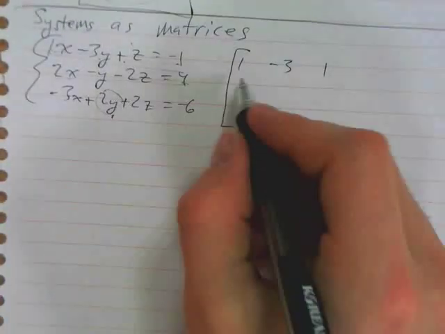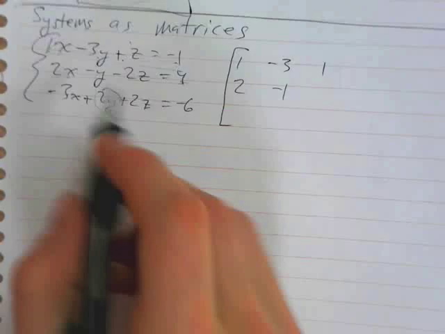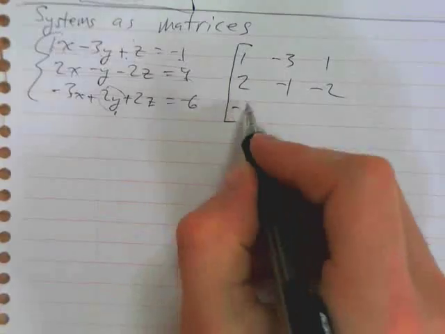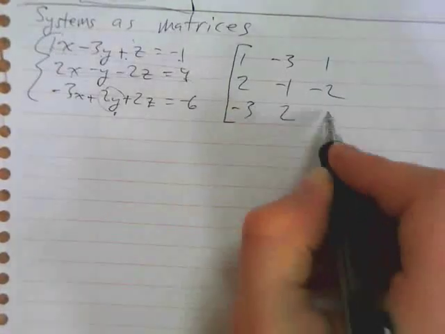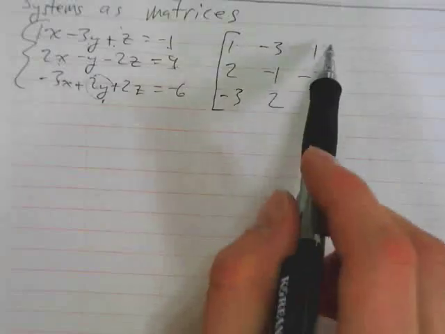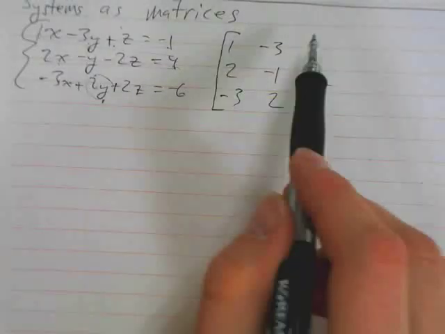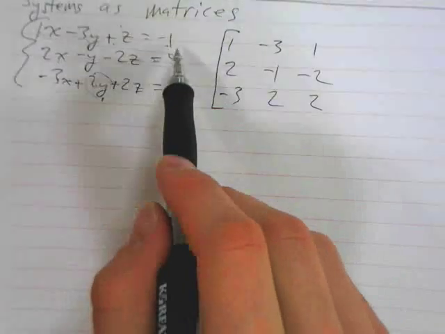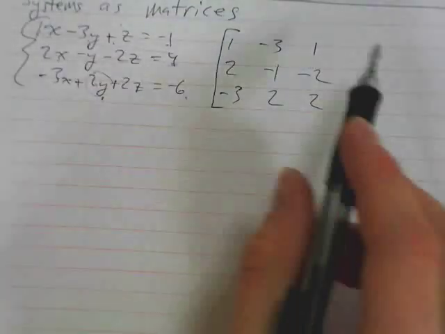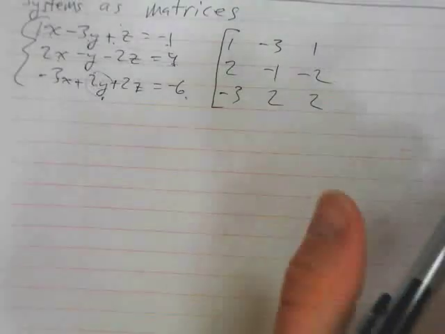We've got a 2x minus 1y minus 2z. And we have a minus 3x plus 2y plus 2z. Okay? And then, so these are your coefficients. Okay? And then your solutions, your answers, are going to be sort of part of the same matrix.